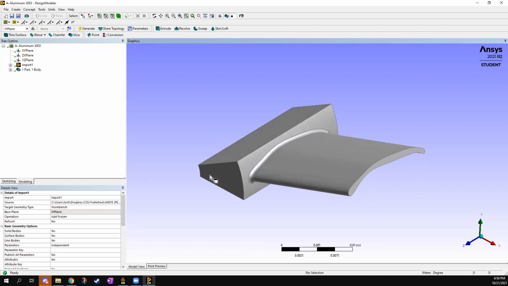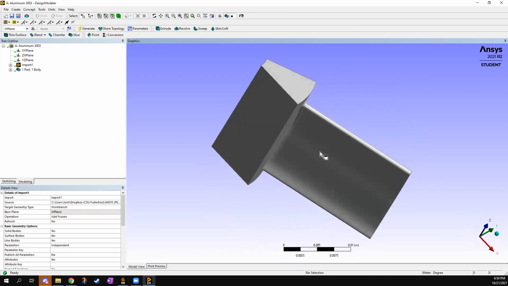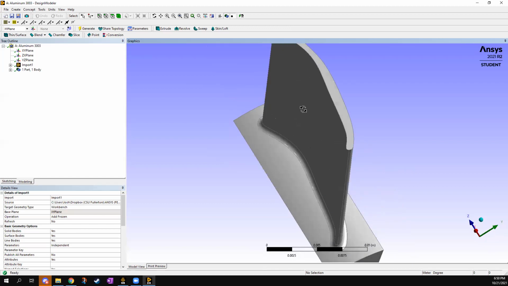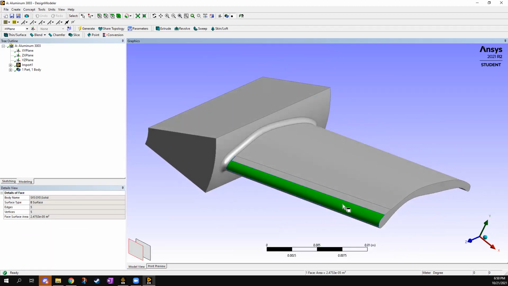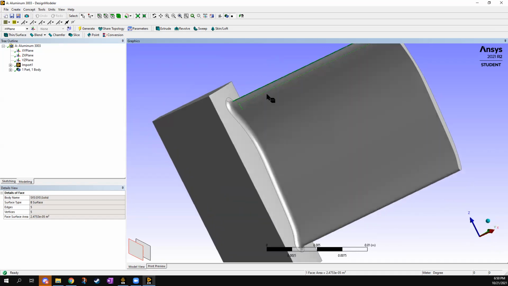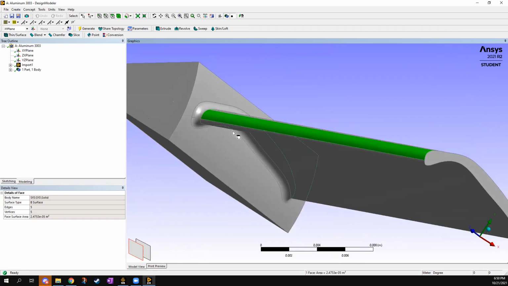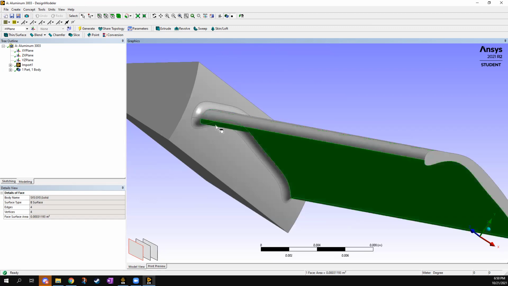Okay. So the idea is that I want to make kind of like how I did right here, a little plane so I can do some refinement. I want to do the same thing underneath because it's not just going to hit right here. It's going to hit right here as well.